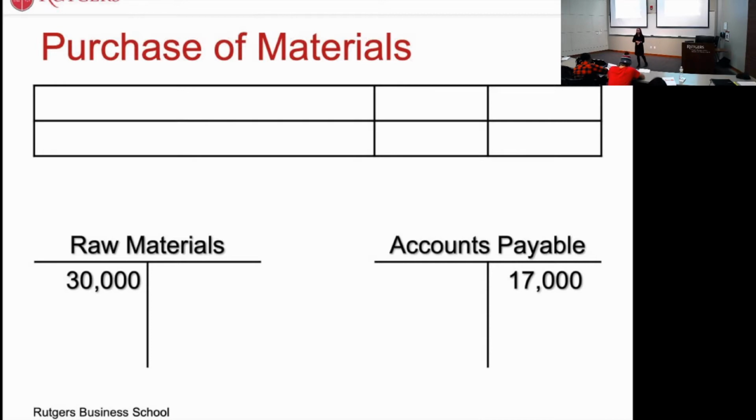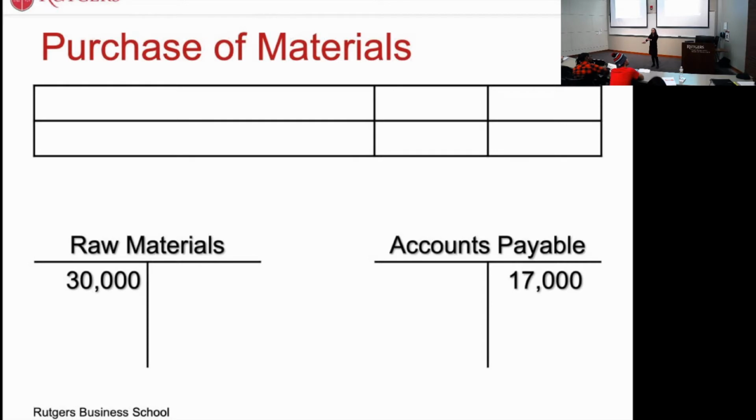So that's where this 30,000 raw materials sit in this T account. And also, we have information saying that this firm has some outstanding accounts payable at the end of August. So that part will also be the beginning balance for September.